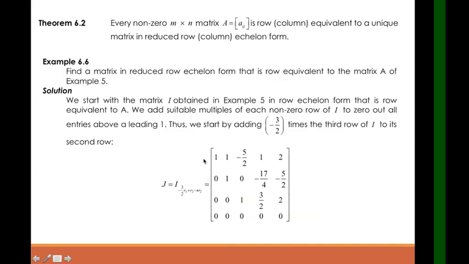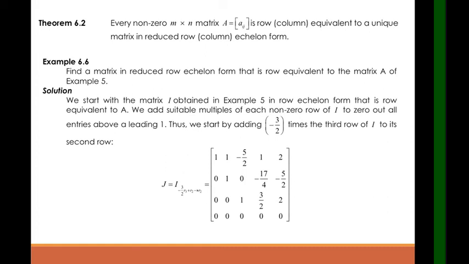Alright. Every non-zero m by n matrix A equal to A sub ij is row or column equivalent to a unique matrix in reduced row echelon form. So we will now do the reduced row echelon form. Hindi ako sure kung ito ba yung tinatawag nilang Gauss-Jordan elimination, but let's see later.